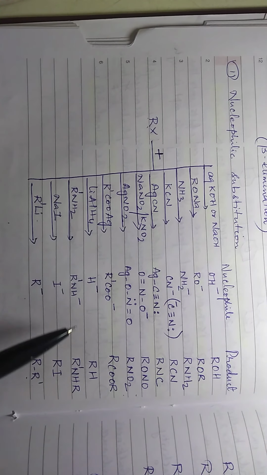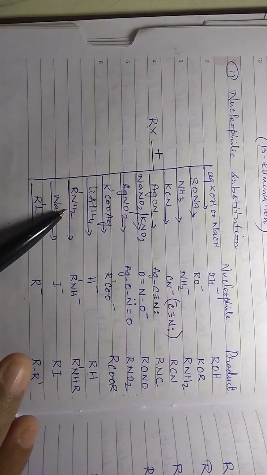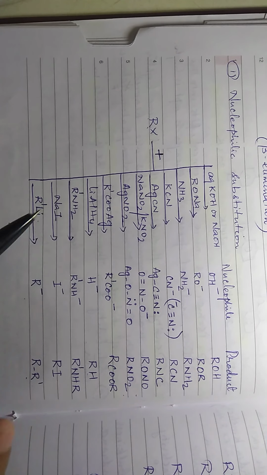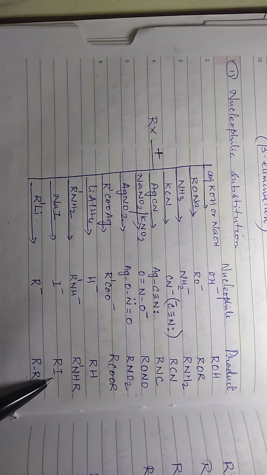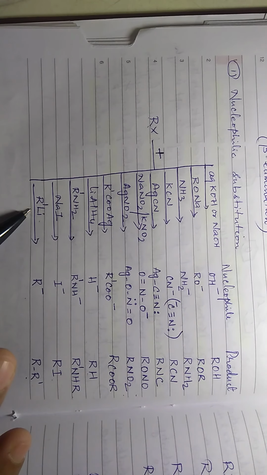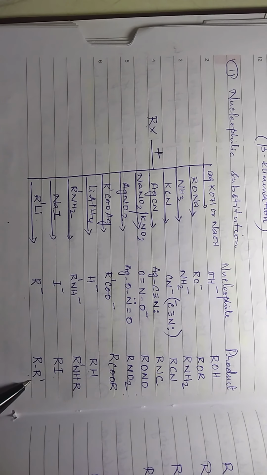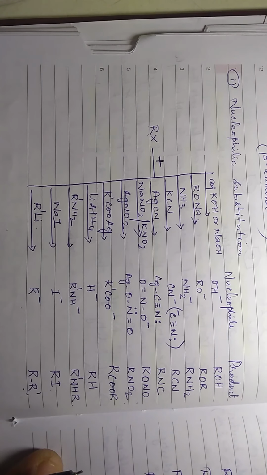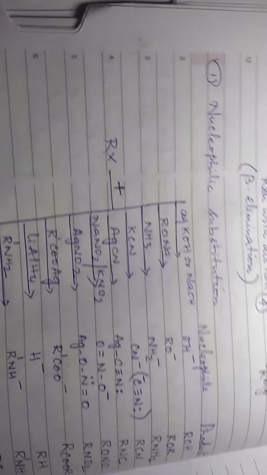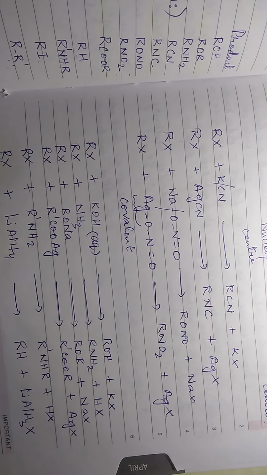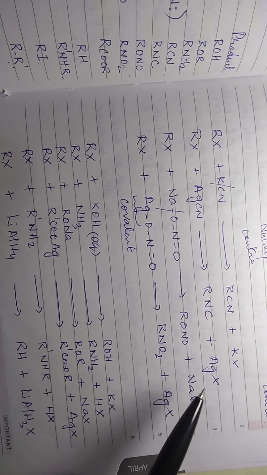With lithium aluminium hydride, you will get an alkane. With alkyl amine, you will get a secondary amine. With sodium iodide, RI, with alkyl lithium, you will get an alkane. So this is about nucleophilic substitution. So in brief, I have given you these notes you are already having.